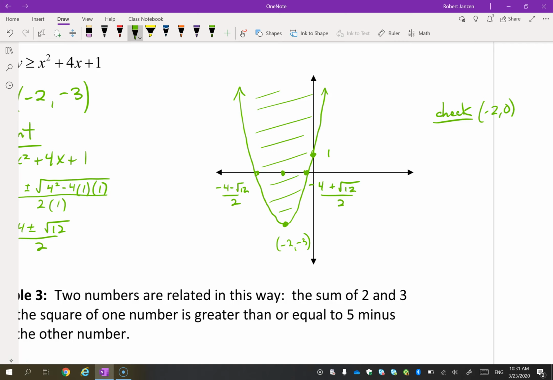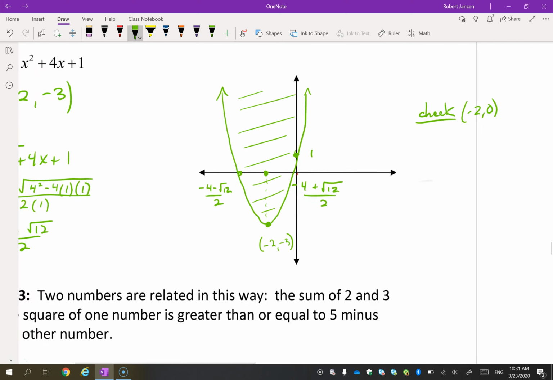Like, I wouldn't pick -1 because I don't know which side of this -1 is on. I'm picking -2 because I know that's even with my vertex. So I know for sure it's in the region I have shaded right now.